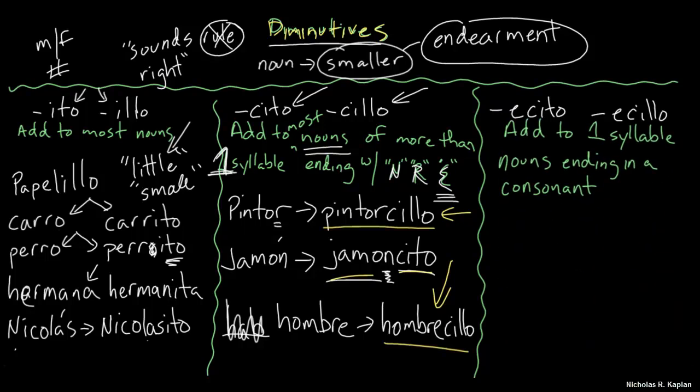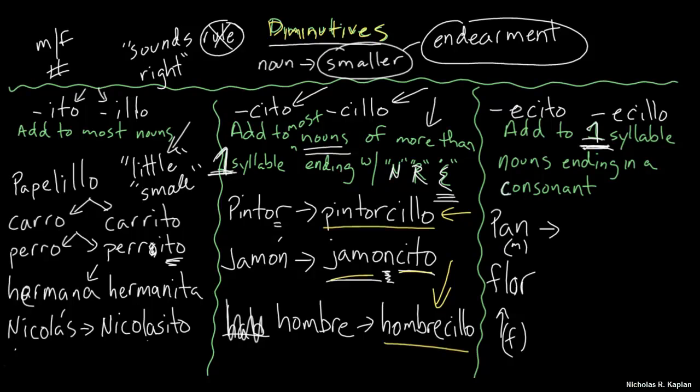Okay, and then finally, we have acito and acio. And we add this to one-syllable words that end in a consonant. So over here was more than one syllable. Here it's just one syllable. So we could have something like some bread, or a flower. That's feminine. Don't forget, la flor. That's masculine. El pan.